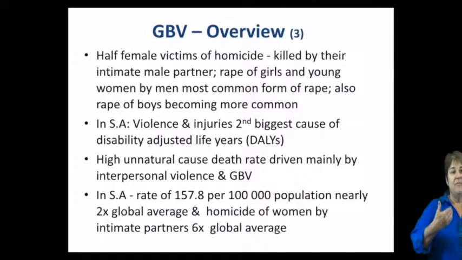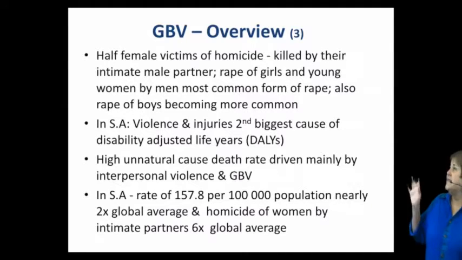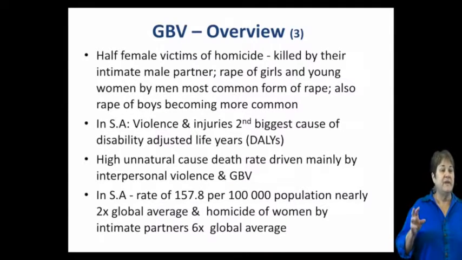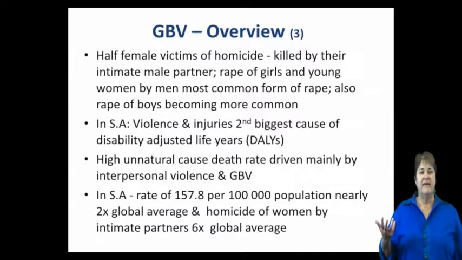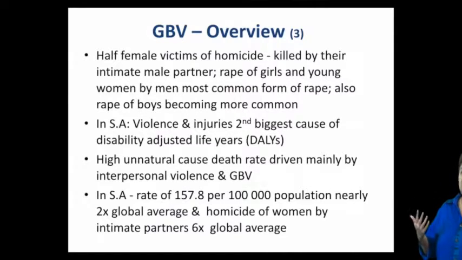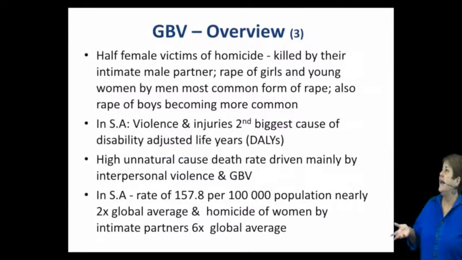So in other words, you may still be alive but not enjoy a good life. And the second biggest cause of disability-adjusted life years is violence and injuries. Now that of course includes men as well, not just violence against women or gender-based violence. The highest cause of unnatural death is driven mainly by interpersonal violence and gender-based violence.